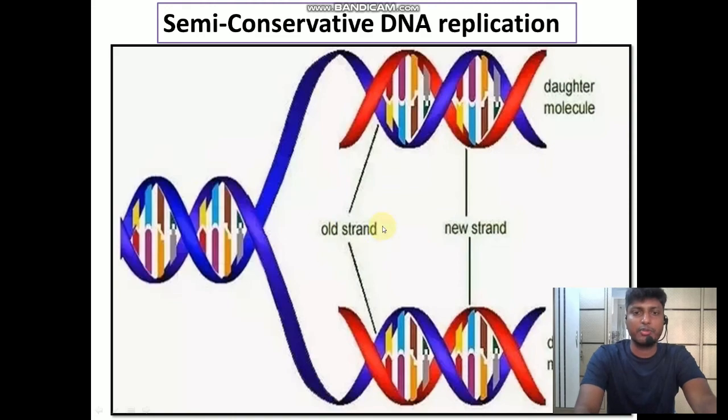As you can see, each new DNA molecule has an old strand as well as a new strand. That means 50% of the DNA formed is old DNA and 50% is new DNA. Such a type of DNA replication is called semi-conservative DNA replication.